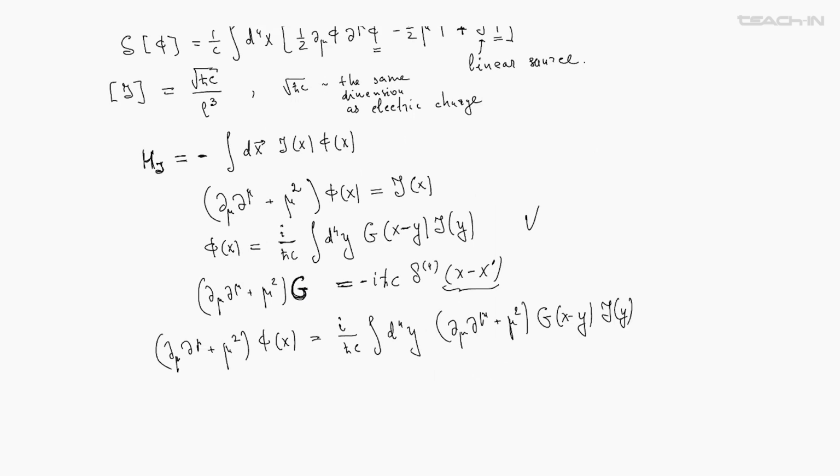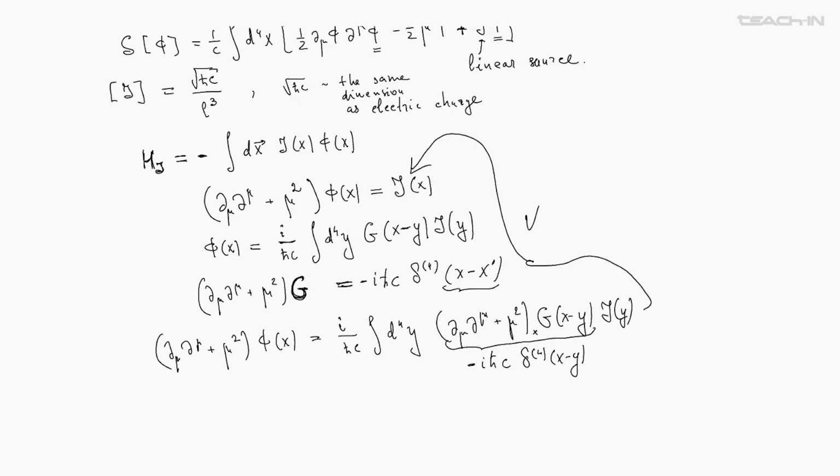Then this is replaced by the definition of what the Green's function is, by minus h bar c times a four-dimensional delta function, x minus y. And then you integrate this delta function with the source, and you see that you are exactly reproducing the source term on the right-hand side. So indeed, if you know the Green's function, then you know the solution of this inhomogeneous equation.